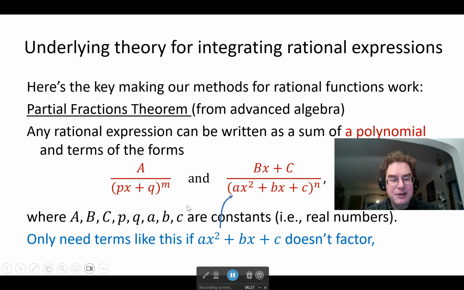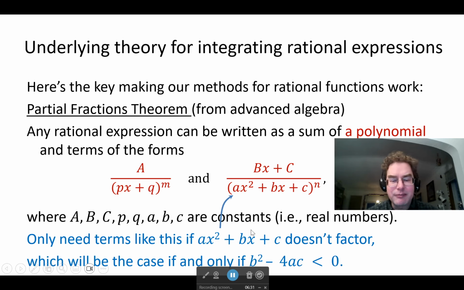How do we know when that happens? Well, it happens exactly when the discriminant b squared minus 4ac is negative. Negative discriminant for a quadratic polynomial means it cannot be factored. So that's something you can look at to see whether your factoring needs to go any further.